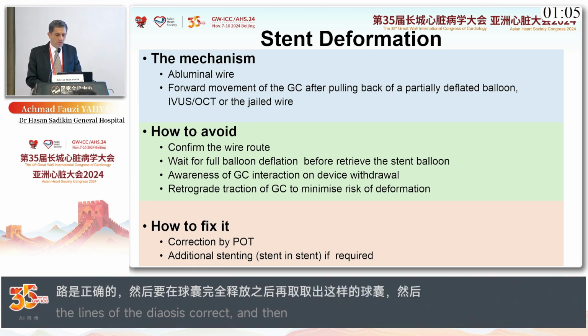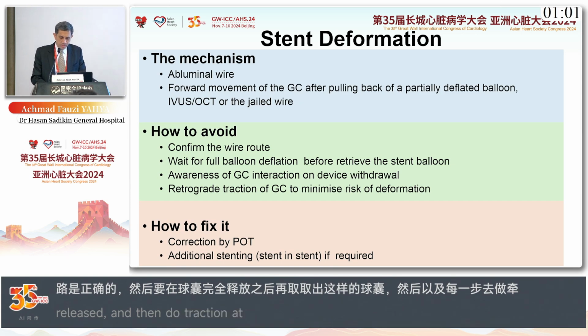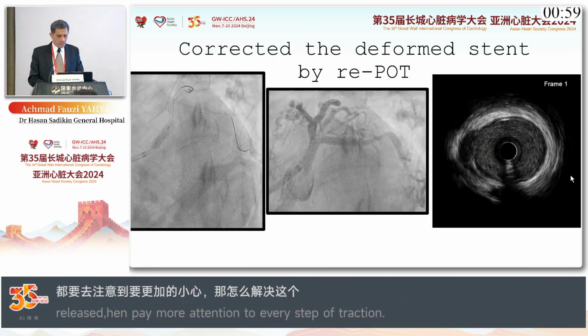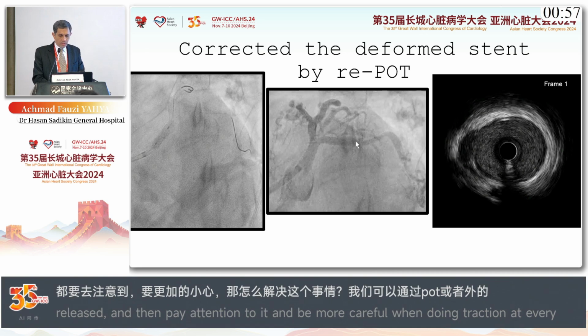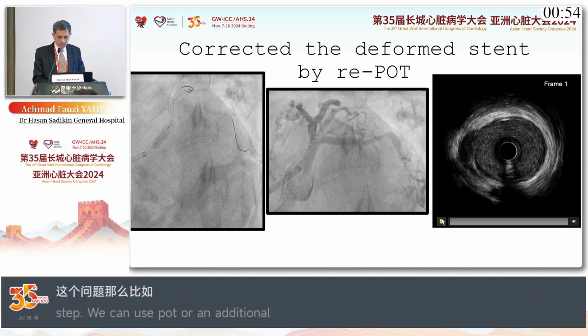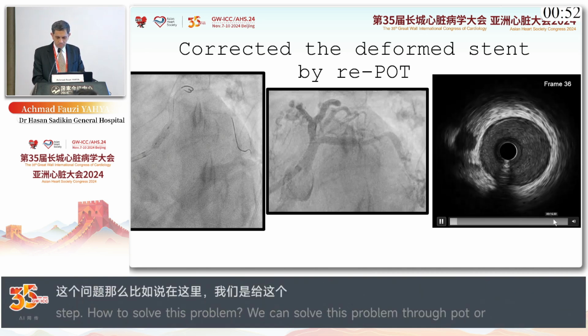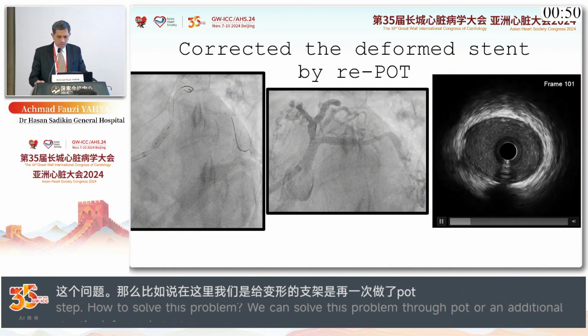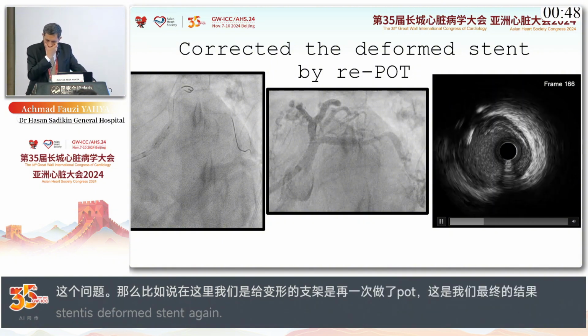How to fix it? Correction by POT, and sometimes we need additional stenting if required. We corrected the deformed stent by POT, and this is an acceptable result.